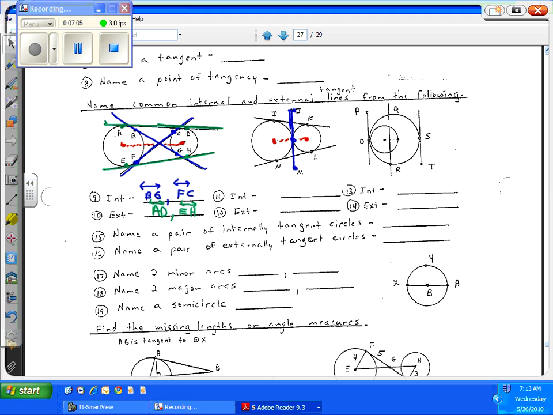It does pass through the segment of centers, so line JM is a common internal tangent line. Line IK is tangent to those two circles at those 2 points. It does not pass through the segment that joins the centers, so line IK is a common external tangent line.